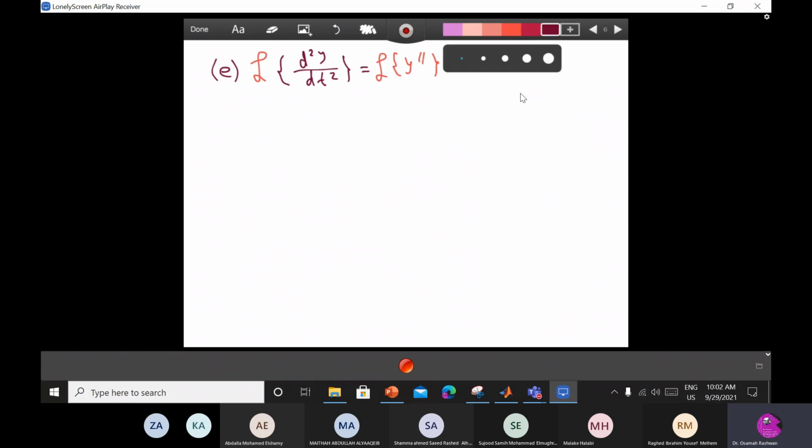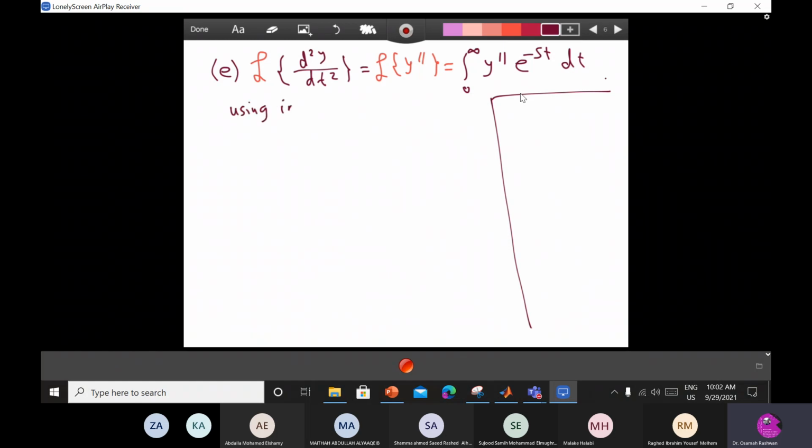Yes, it is exactly the same formula for the Laplace transform: my function multiplied by e to the minus st dt. Again, I have to remind you, using integration by parts.